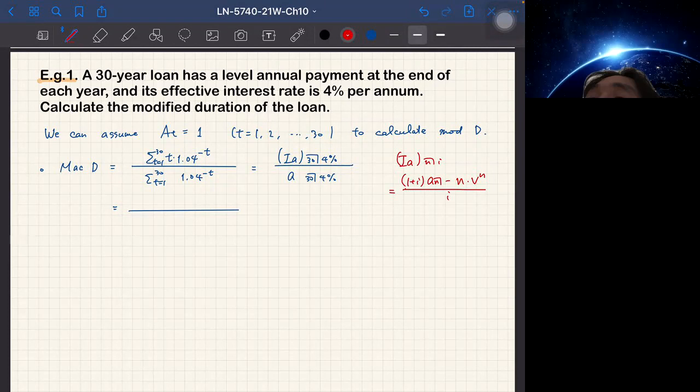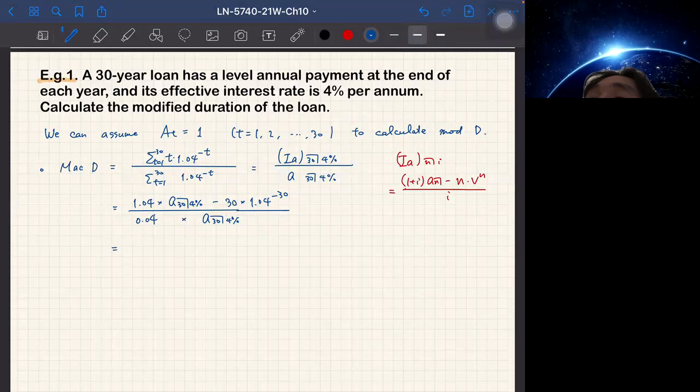So you can calculate this as, at first, 1 plus i, so 1.04, times a-angle-30 at 4%, minus 30 times 1.04 to the power negative 30, over i, so 0.04. Then we multiply this by a-angle-30 at 4%.